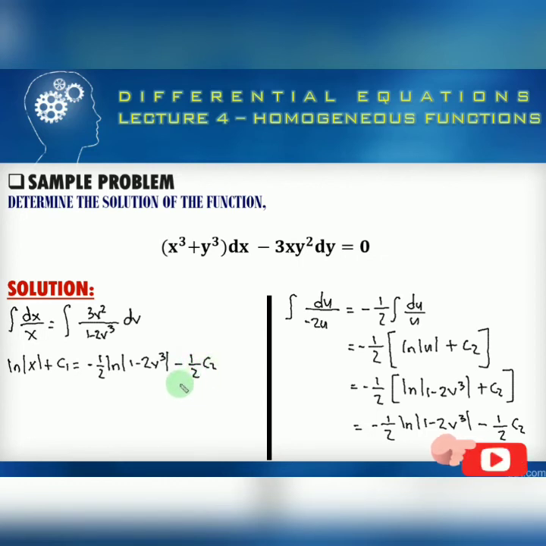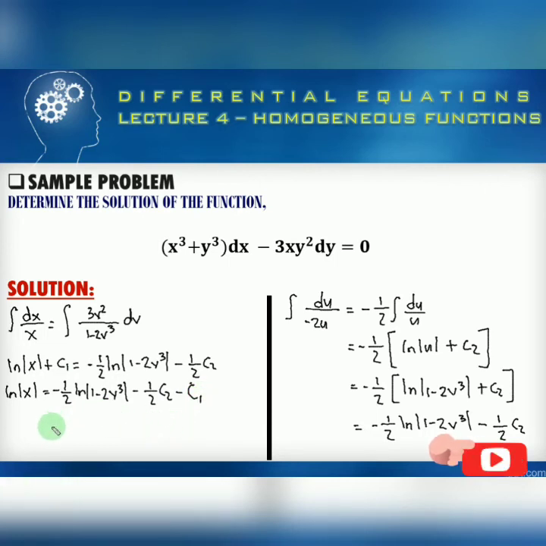After that one, we are going to transpose this constant c1 to the other side. So we have here ln of x equal now to negative 1 half ln of 1 minus 2b cubed, and then minus 1 half c2, minus c1.